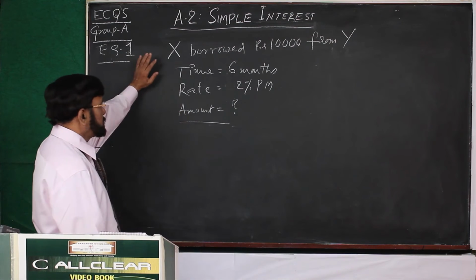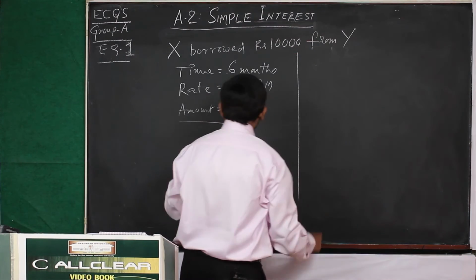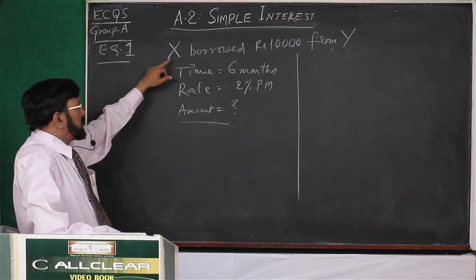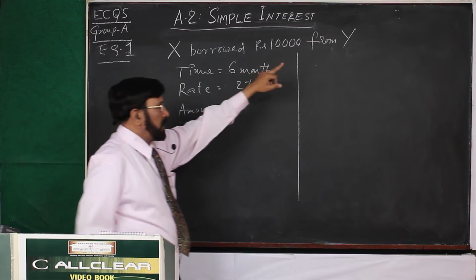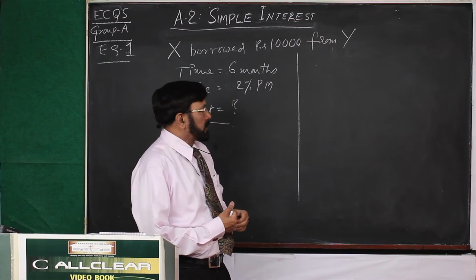And here this is a simple and straightforward problem. X borrowed rupees 10,000 from Y. X is the borrower or debtor, and Y is called the lender or creditor.